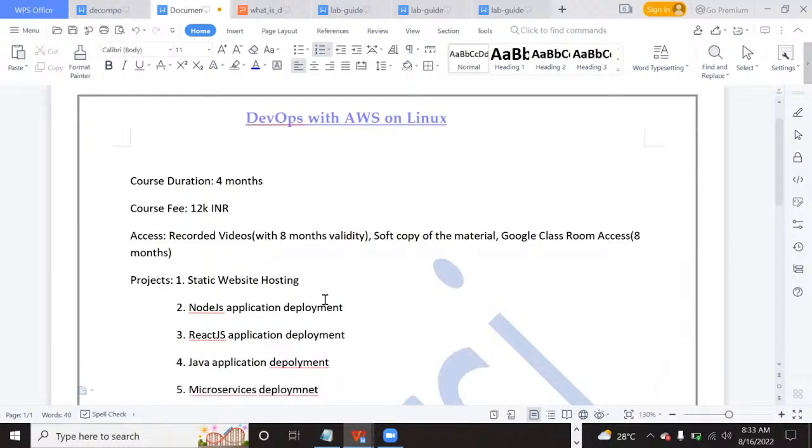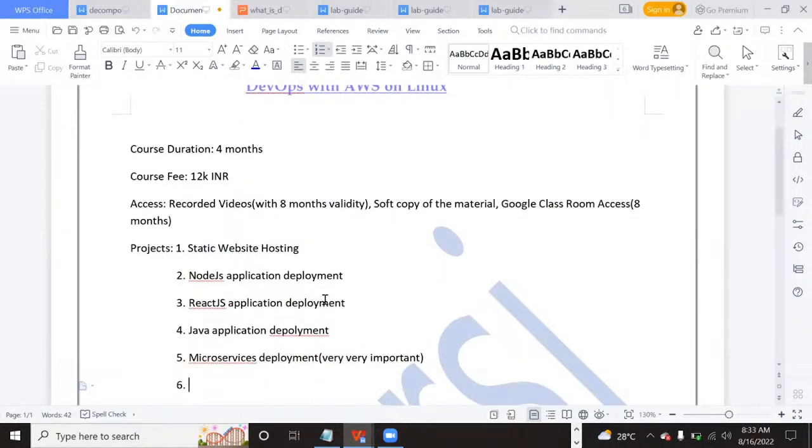This is your future, this is your career, microservices deployment. Very, very important. Nowadays everyone is asking about microservices architectures. DevOps engineers also face interview questions on microservices architectures. I'll explain later.